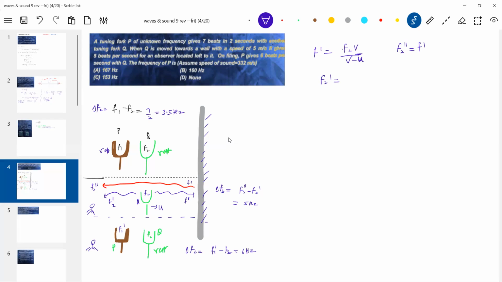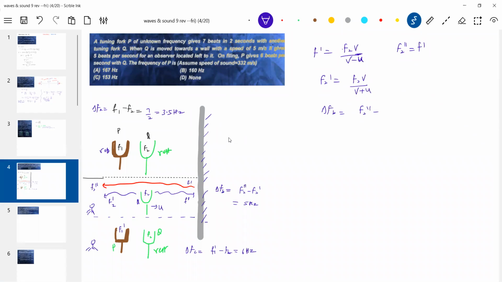F2 dash should be when the source is moving away, no? So F2 V by V plus U will come. Now the beat frequency, delta FB, will be F2 double dash minus F2 dash, since F2 double dash will be greater.